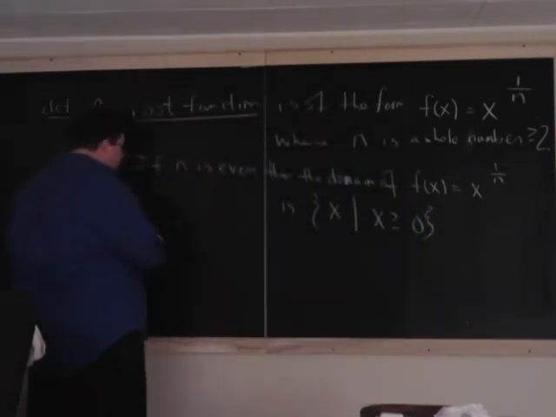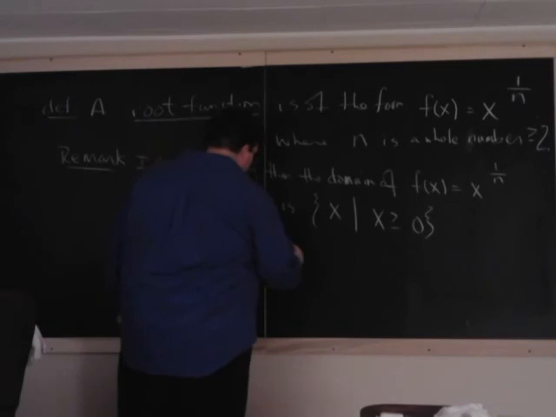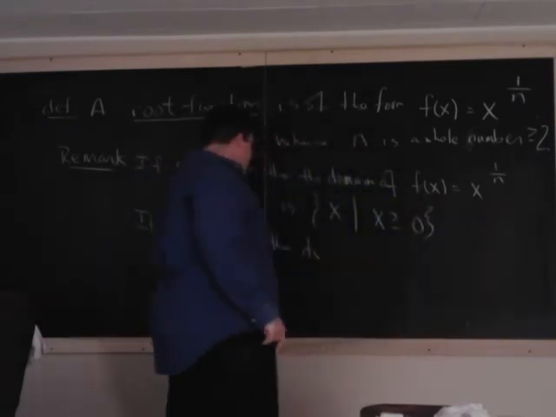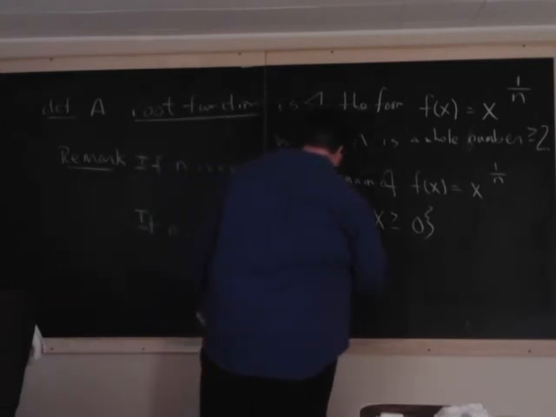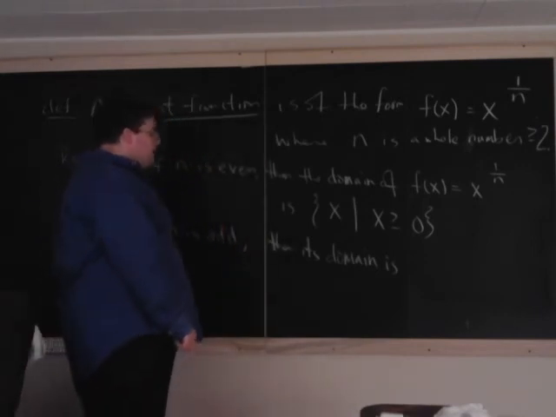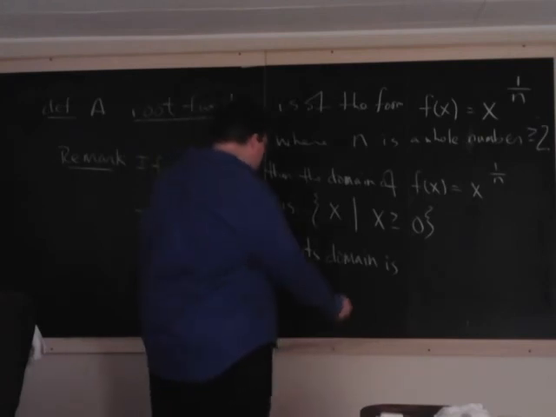And if n is odd, then its domain is all real numbers, because you can take a cube root of something negative. A negative times itself 3 times is a negative.